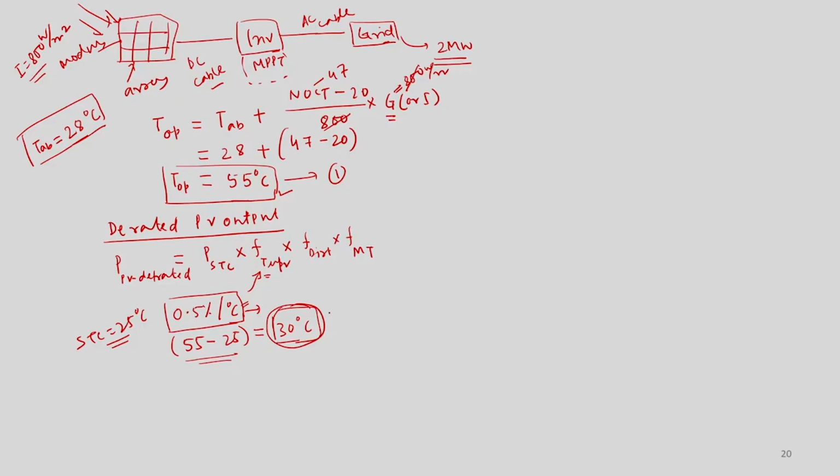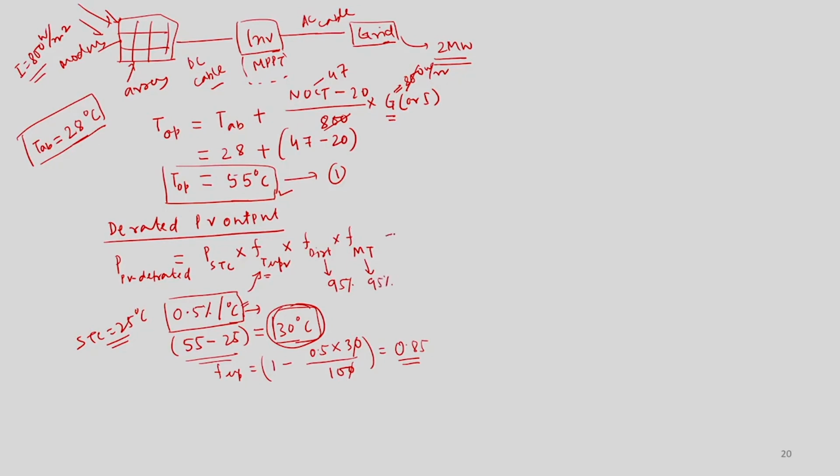So to calculate F temperature, this will be 1 minus 0.5 multiplied by 30 divided by 100%. What we get is 0.85. For dirt it says 5%, so it will be 95%, and the derated factor for tolerances is again 5%, so it will be 95%.